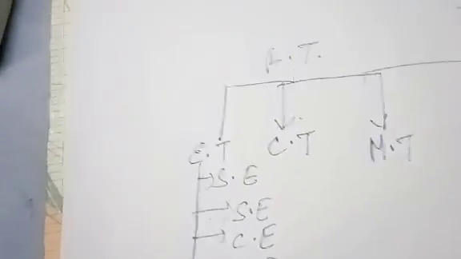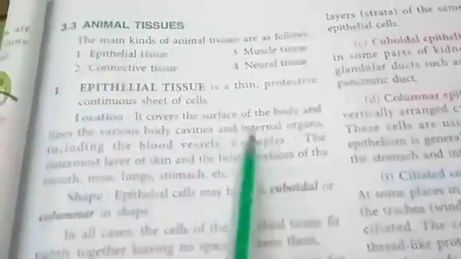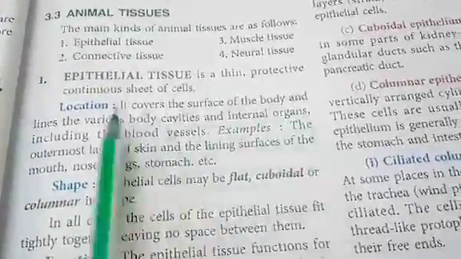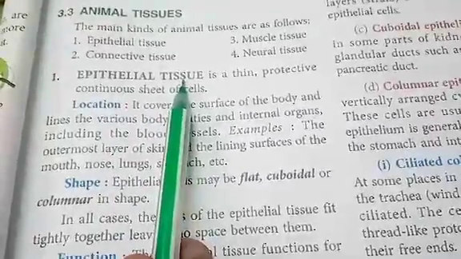First one, squamous epithelium. For all these epithelial tissues, children, you will read their location and function. You can see in your textbook, epithelial tissues, the common location is it covers the surface of the body and lines the various body cavities and internal organs. This is the common function and location of epithelial tissue.